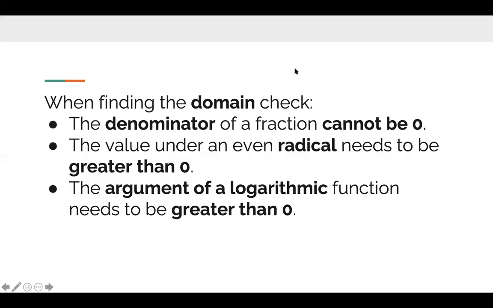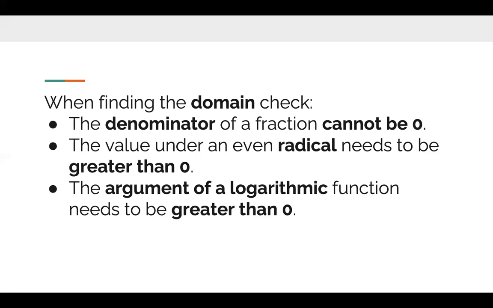And you might say, how do I know how to find the domain and the range if I do not have the graph of the function. So there are some rules about finding the domain.